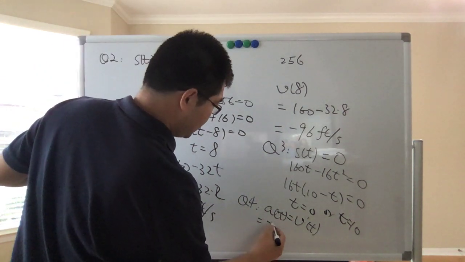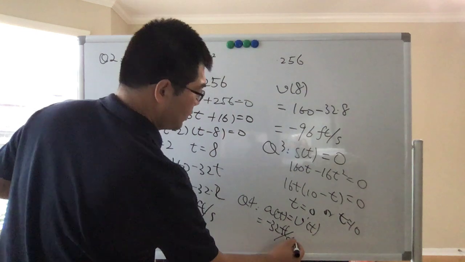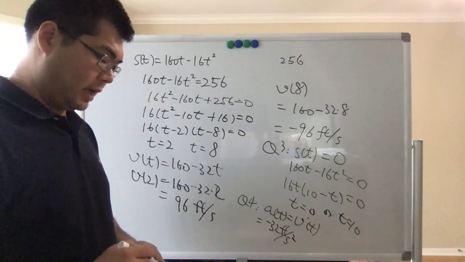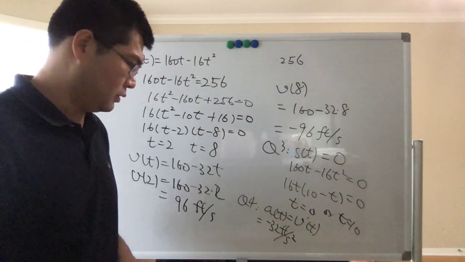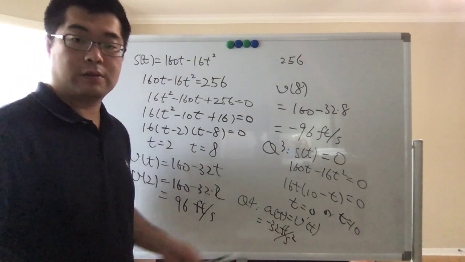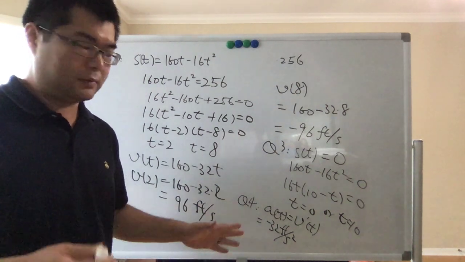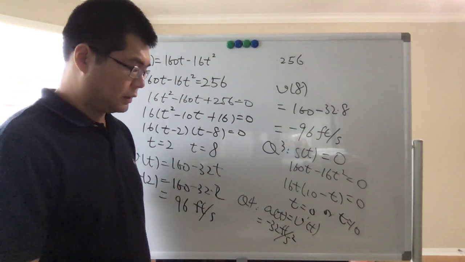As you can see, it's going to be negative 32 feet per second squared. That is the acceleration function of the rock. And for those of you who have learned physics before, this corresponds well with gravity.